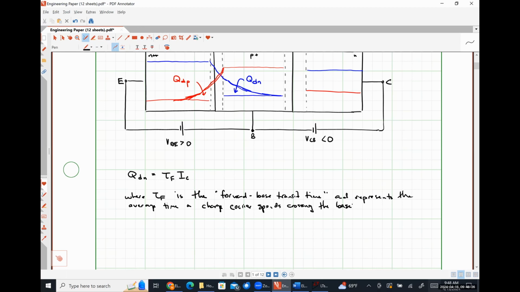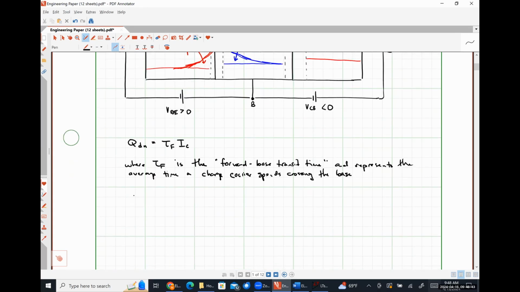Our collector current is exponentially related to our base emitter voltage. So that means that the charge QDN also has to depend on our base emitter voltage. So we can define a capacitance CDE that is simply the change in QDN with respect to the change in VBE.